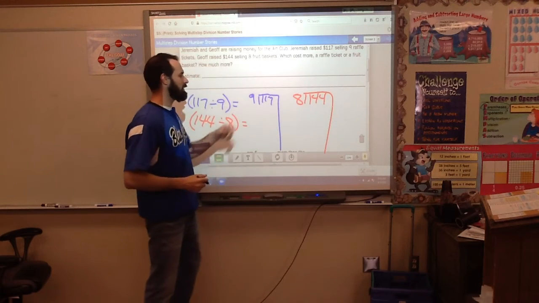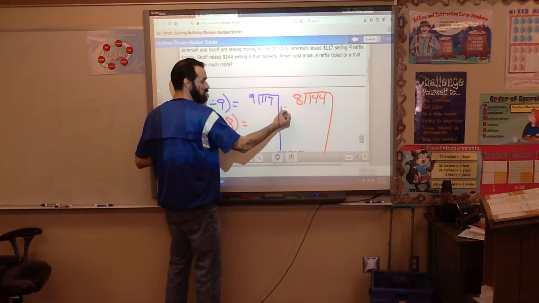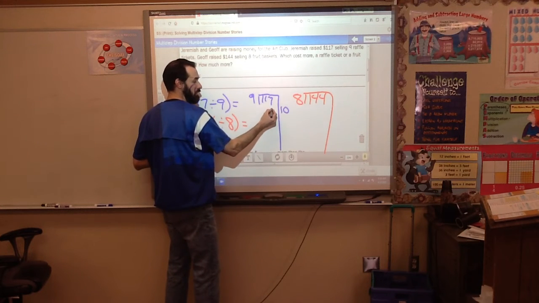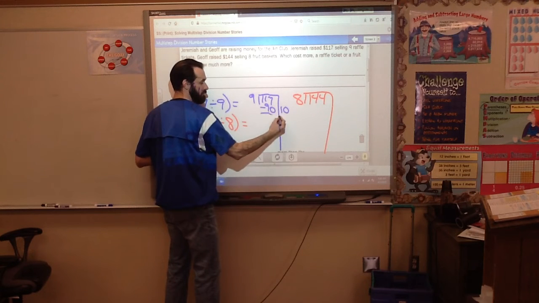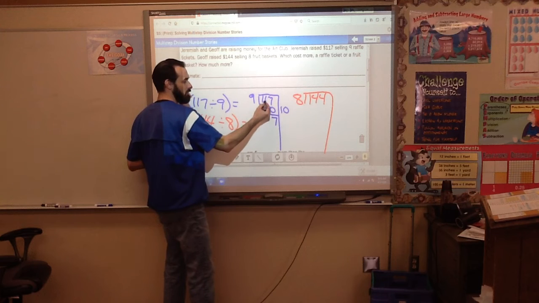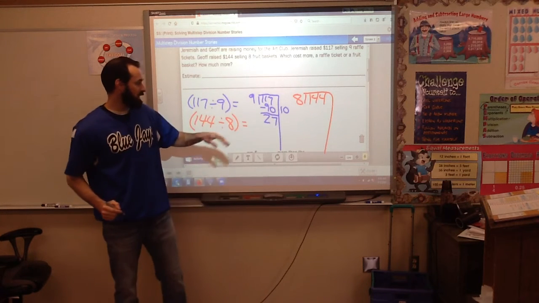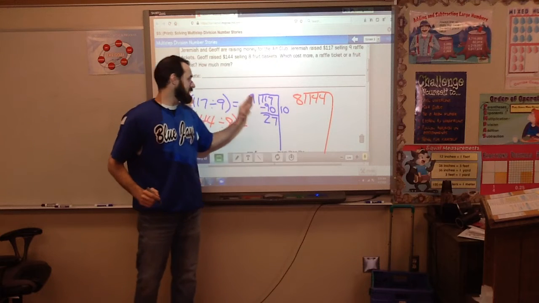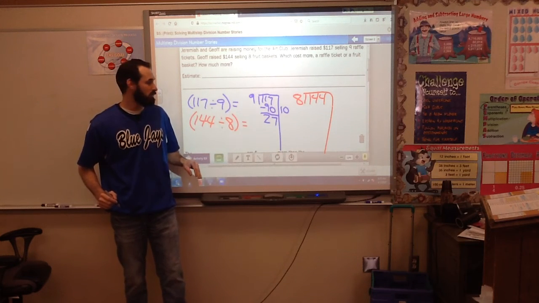So here's what I know when I do 117 divided by 9, is that I can do 10 nines. 9 times 10 is 90. And 7 minus 0 is 7. 11 minus 9 is 2. So now what I need to be thinking is, how many 9s can go into 27? This is 27 divided by 9 now.